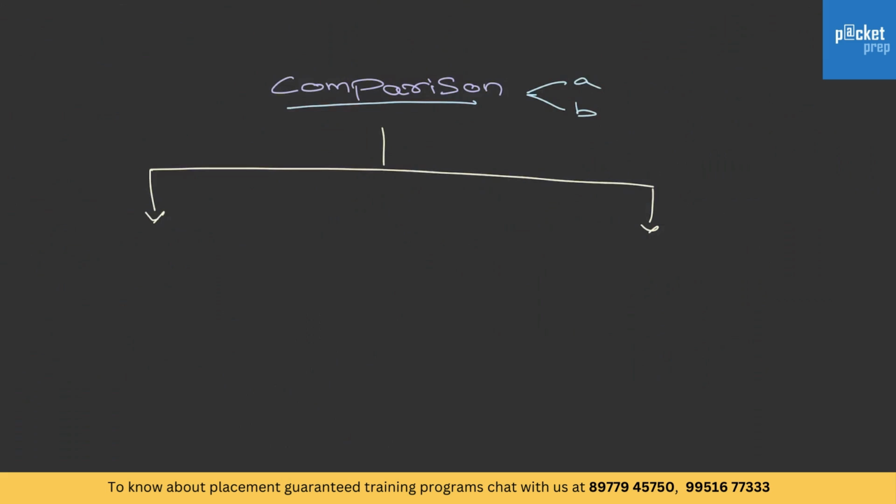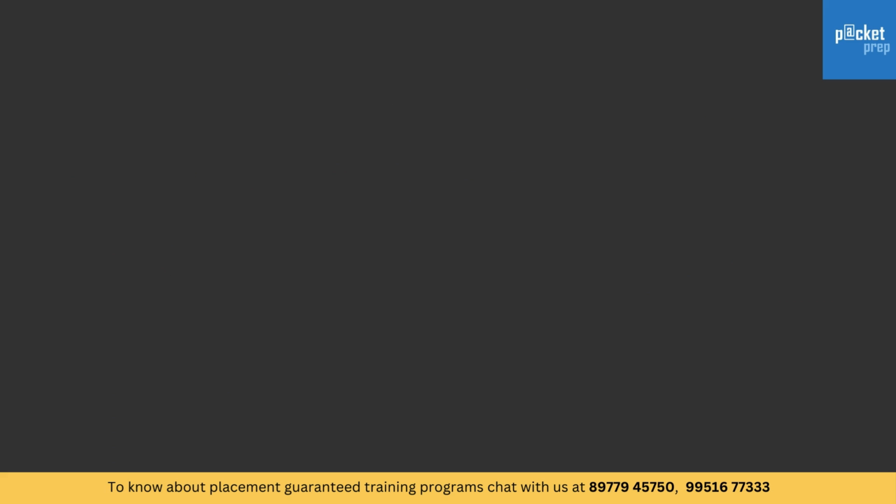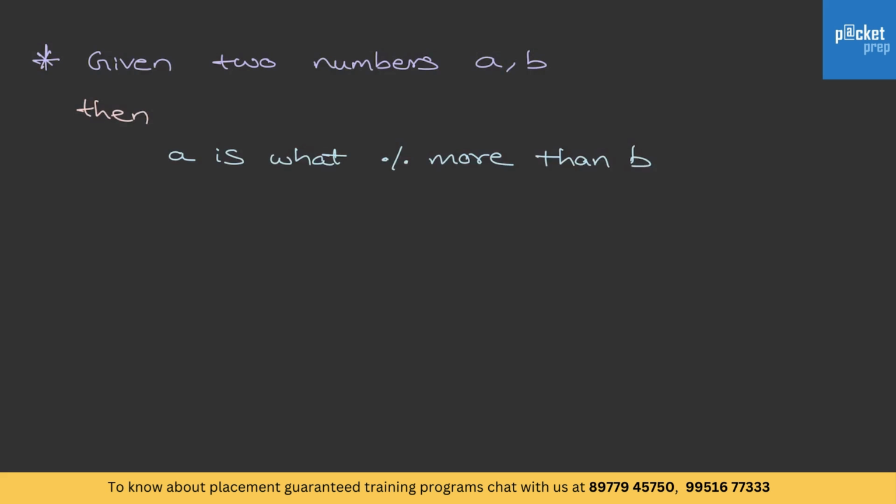And it is categorized into two types, namely more or less and what percentage of. Let's discuss both the cases. Formulae required for case 1: given two numbers a, b, they will be asking a is what percent more than b, or b is what percent less than a.